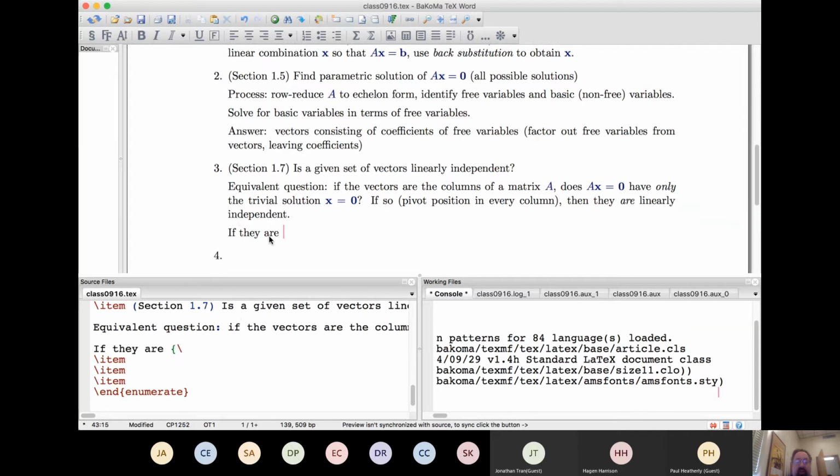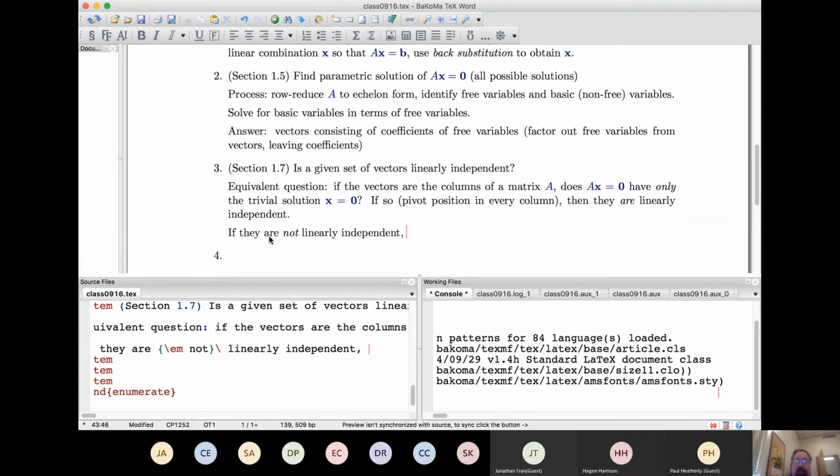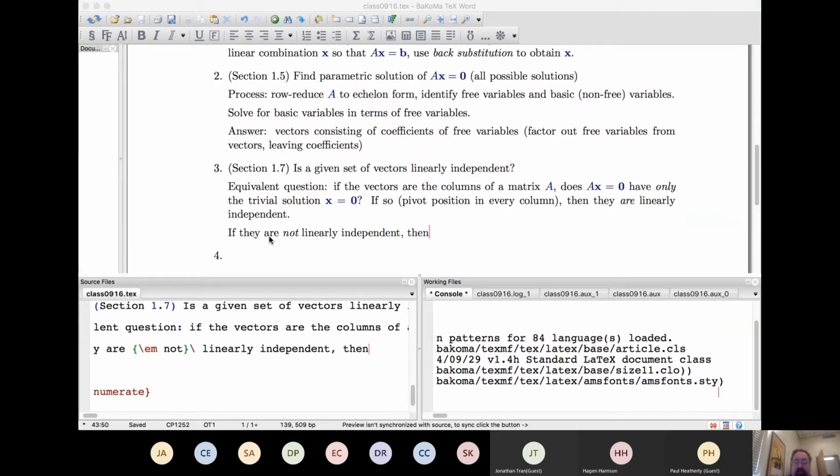Now, if they are not linearly independent, you can see this in practice test too. There are 6 questions altogether, and I'll be going through the 6 different types here.